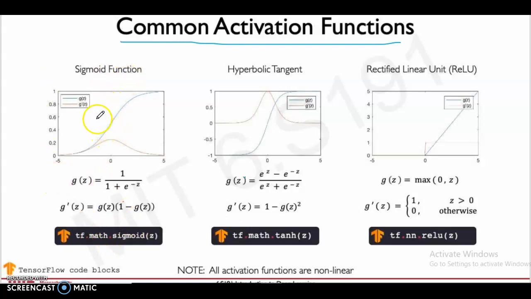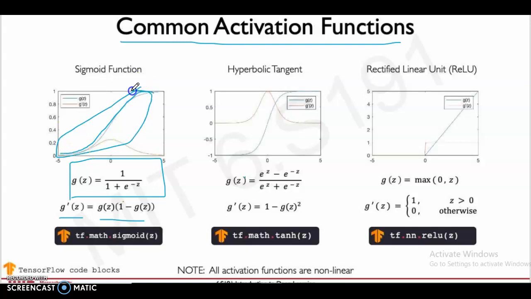For remembering purposes, g of z equals 1 divided by 1 plus e power minus z. The derivative g dash of z is g of z multiplied by 1 minus g of z.